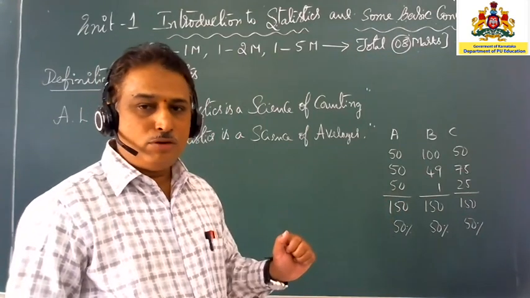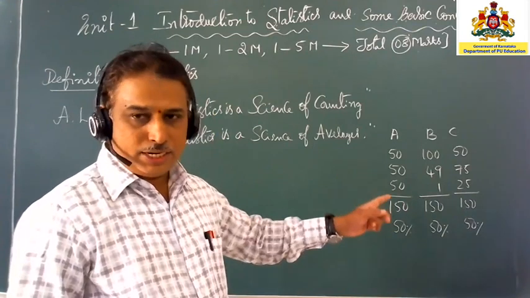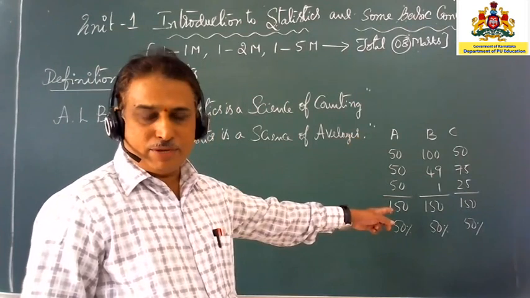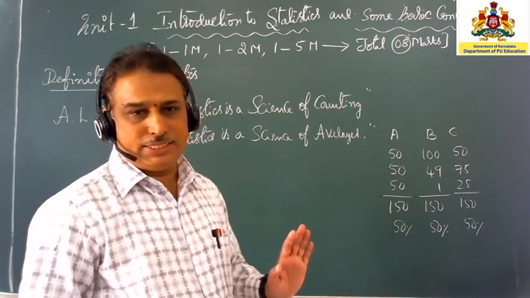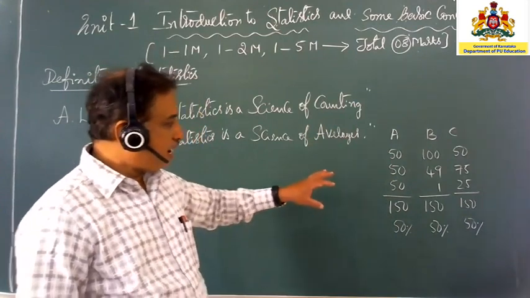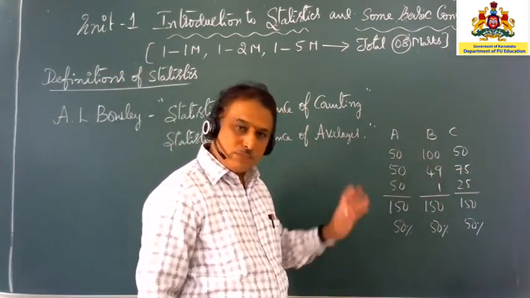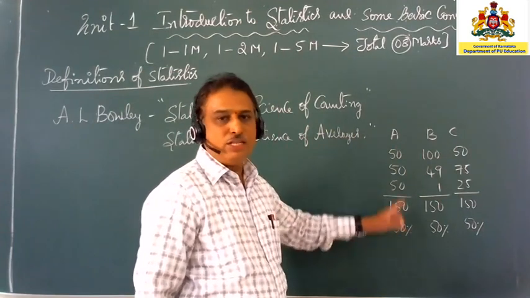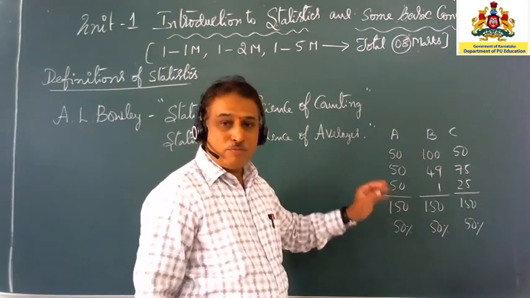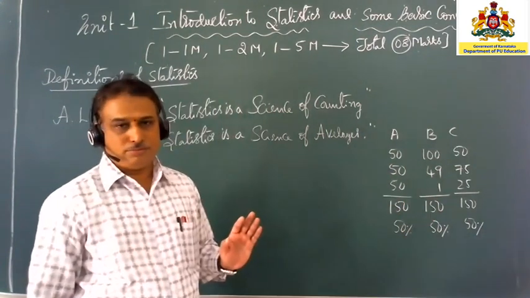At that time, which batsman will you refer? Generally, you will refer the second batsman. Why? Because he hit a century. But if you analyze the data in an in-depth manner, here also we have to refer the student based on the performance consistency.